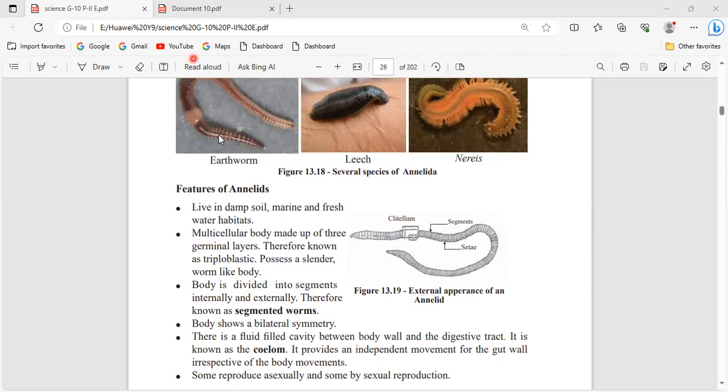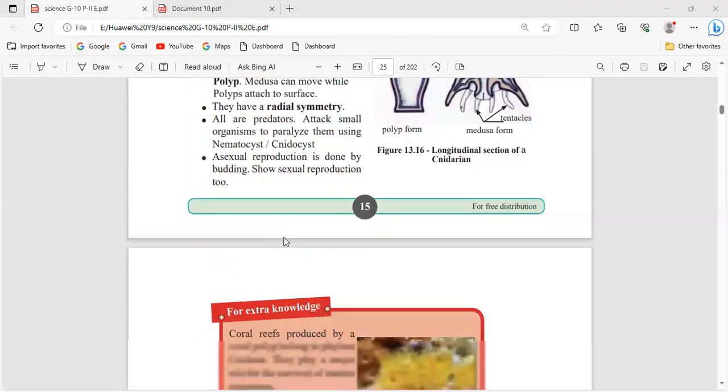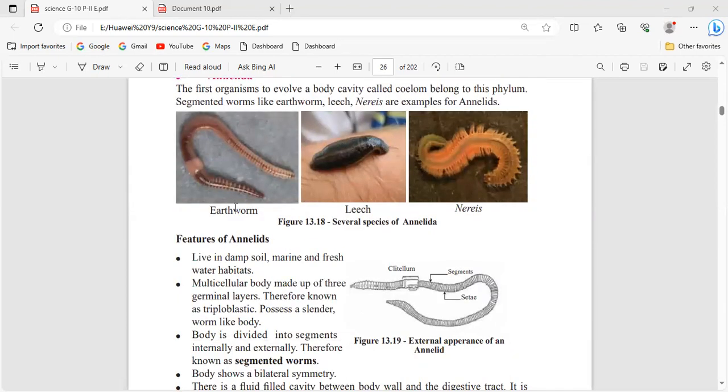When you consider the Cnidarians, they are all aquatic, mostly marine, a few freshwater. But here we can see them in damp soil also.